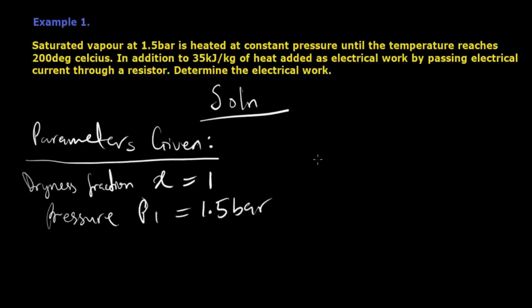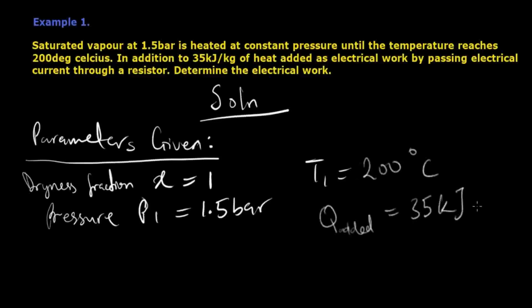What else do we have? We have the temperature, 200 degrees Celsius. Now the heat added is 35 kilojoule per kilogram.